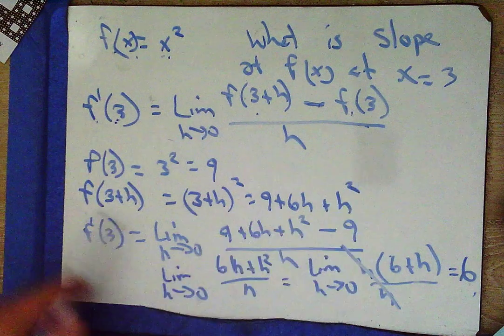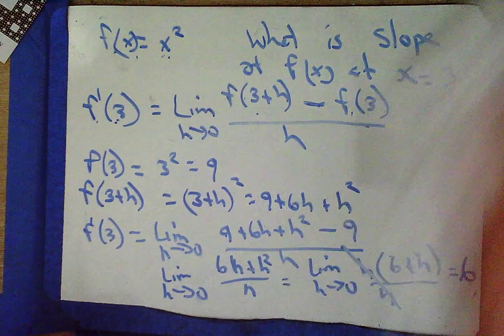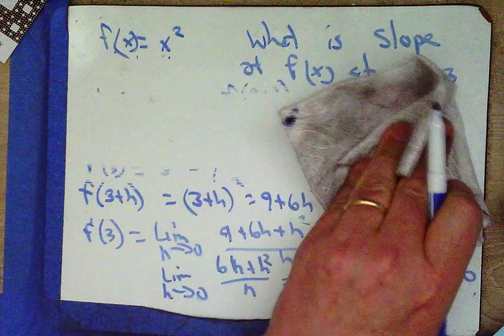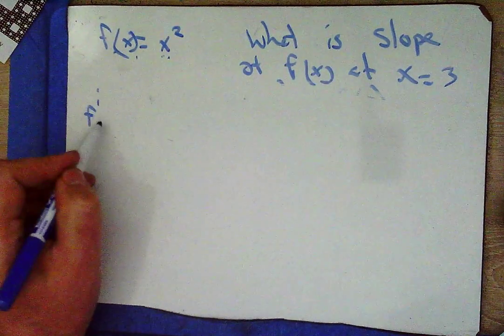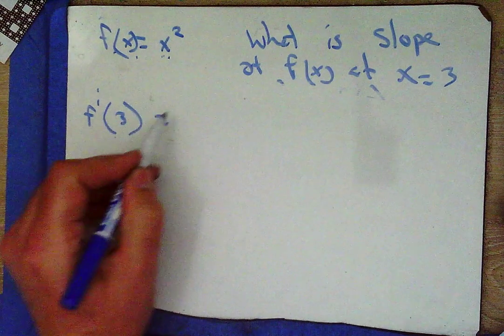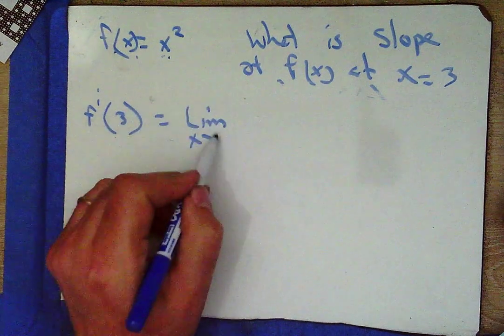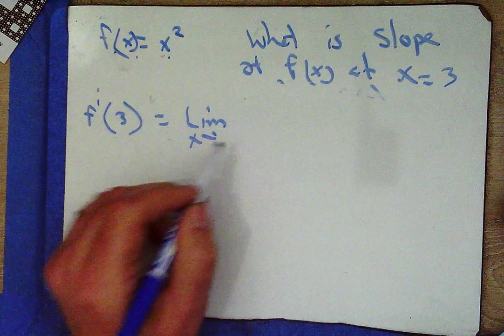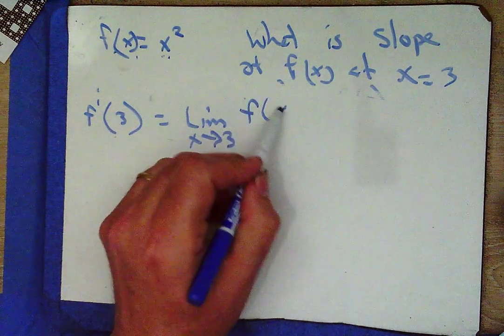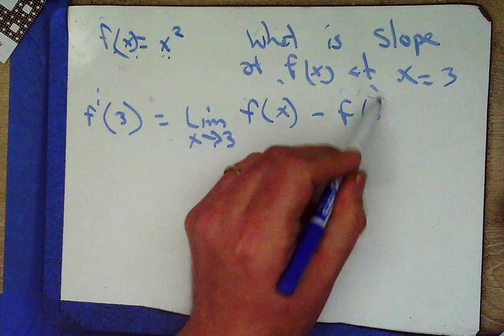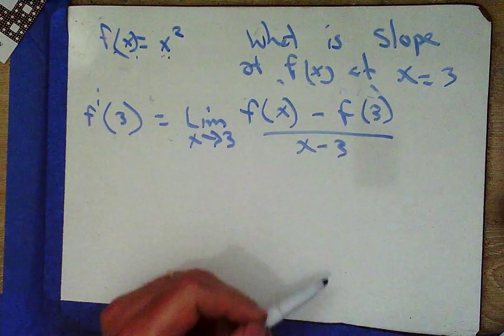We used one limit definition of the derivative here. Let's go use the others. So the next one, f prime of 3, that's going to be the limit as x approaches 3 of f of x minus f of 3 over x minus 3.